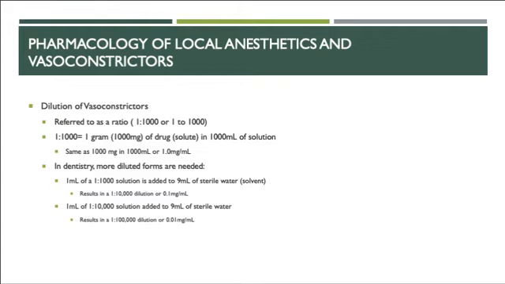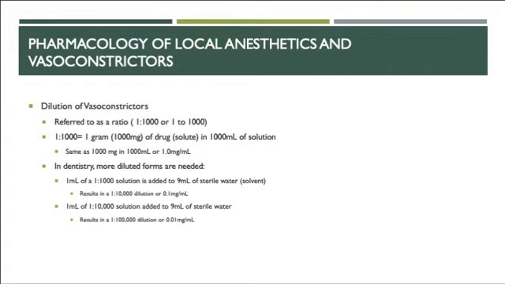Now, in dentistry, the concentrations of vasoconstrictors are much less concentrated, and this is to produce a more safe dilution of the vasoconstrictor. To produce this more dilute concentration that is effective yet safe, the 1 to 1,000 dilution is processed in the following manner.